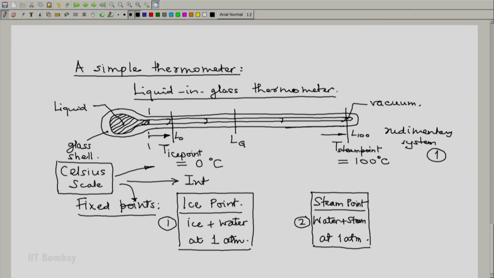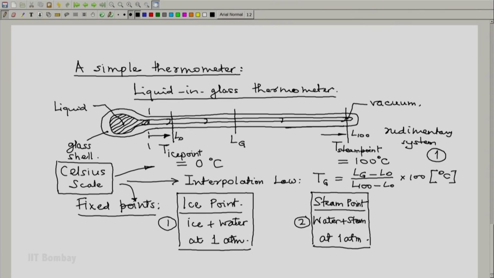And then we have an interpolation law which says that the temperature of this system G will be, if Lg happens to be L0, 0 degrees C. If Lg happens to be L100, it will be 100 degrees C. So this will be something like (Lg minus L0) divided by (L100 minus L0), multiplied by 100 units of degree Celsius. This would be the interpolation law.